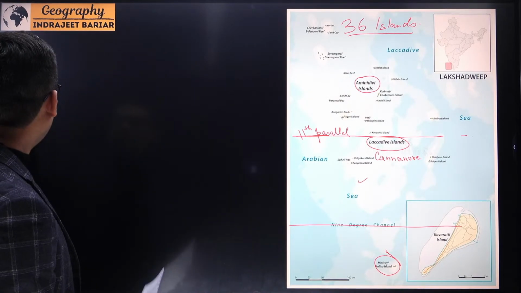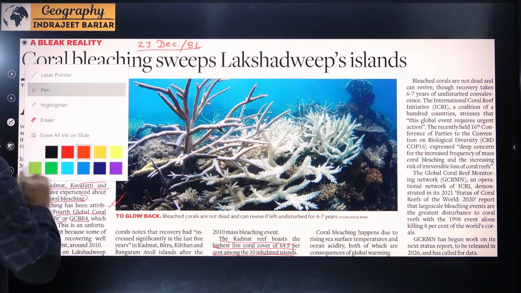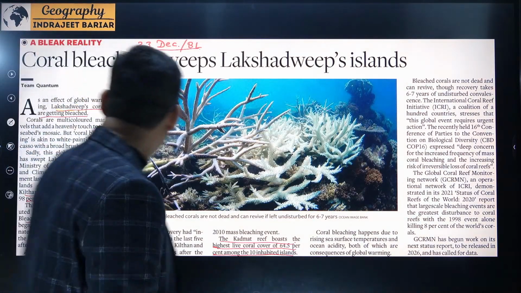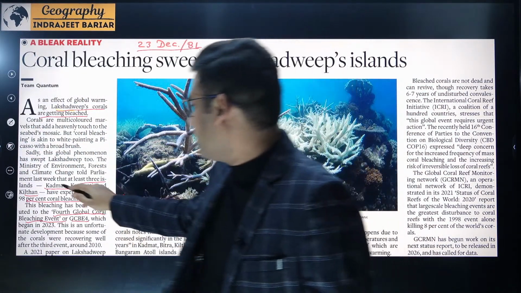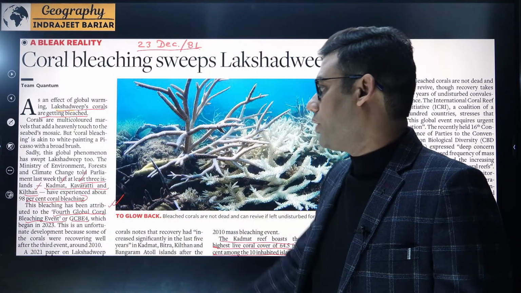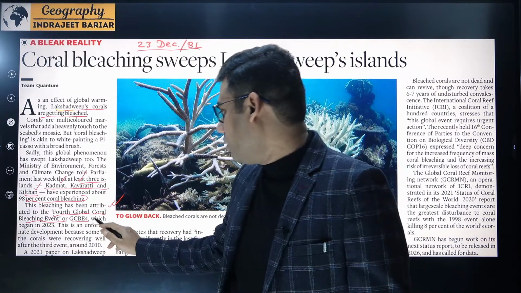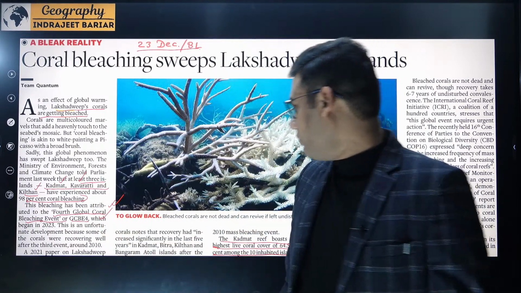So effectively now, if we go back to the news, the islands we have to take care of are Kadmat, Kavaratti and Kiltan Islands, which experienced 98% coral bleaching. Global coral bleaching events we have done.